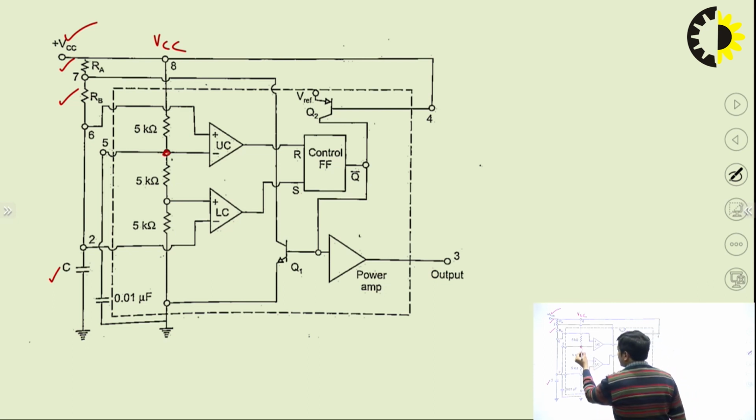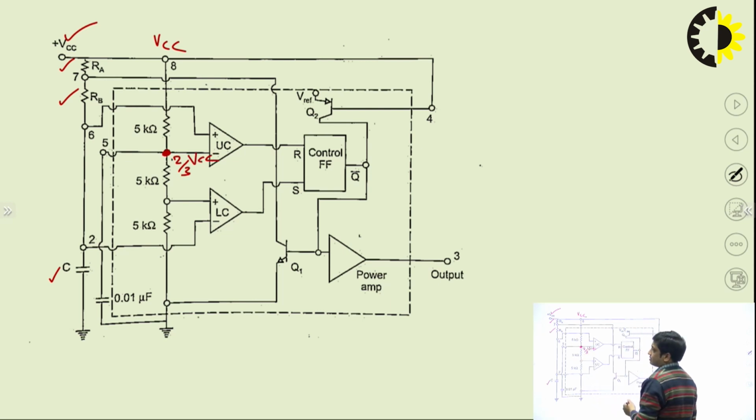So the voltage at this particular terminal, that is the inverting terminal of the upper comparator, will be 2 by 3 VCC, because there are 3 resistors. So 1 by 3 VCC voltage drop will be across each resistor. Similarly, the voltage at the non-inverting terminal of the lower comparator will be 1 by 3 VCC.